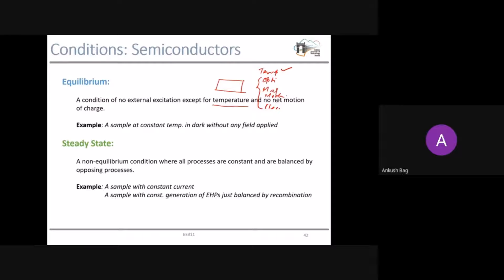This word net is particularly important, because from basic intuition, whenever there is net motion of charges, there will be current. So in equilibrium condition, there will be no current.